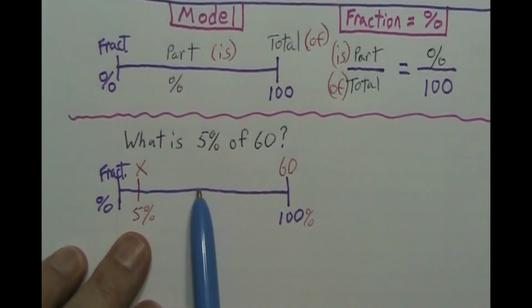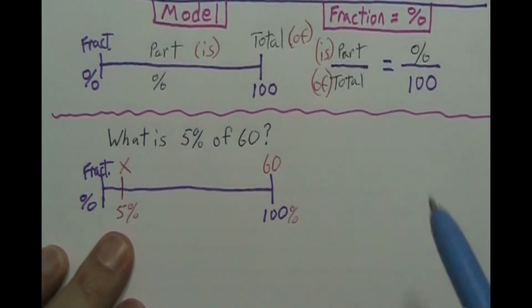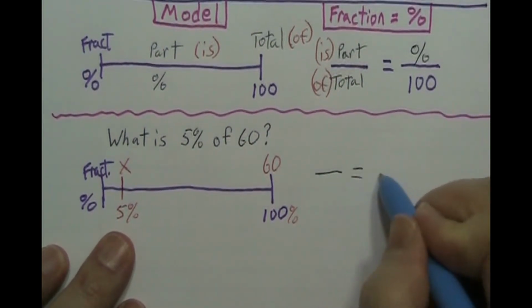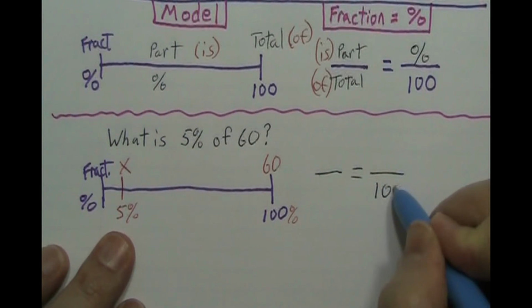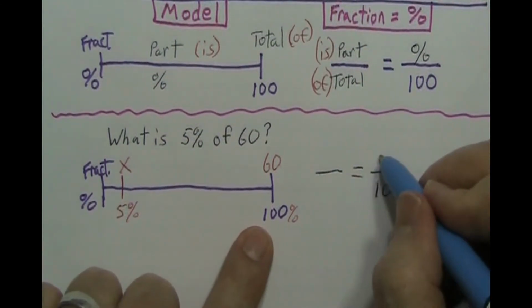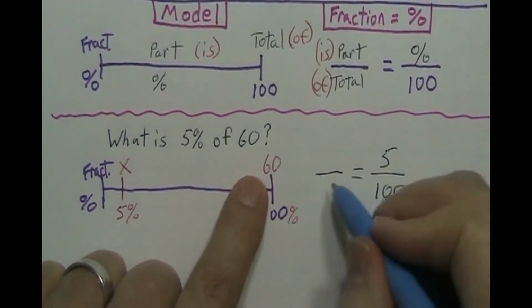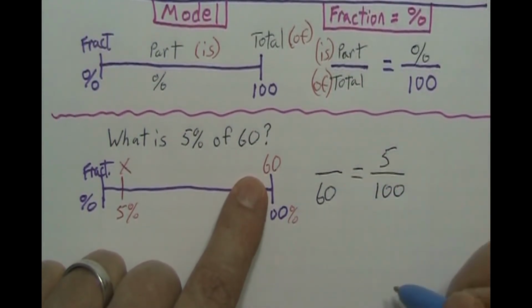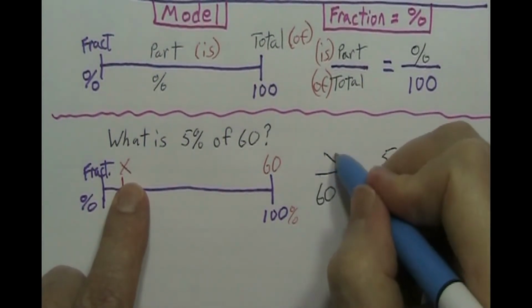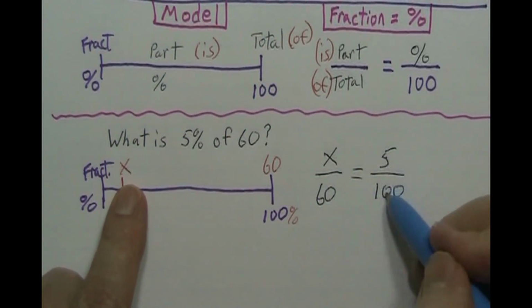You can estimate if you want to, but let's just go ahead and set up our proportion now. 100 goes to the bottom. I know the percentage is 5%, 5% out of 100, that goes right there. Our total is 60. We don't know this. Something out of 60 is the same as 5 out of 100.